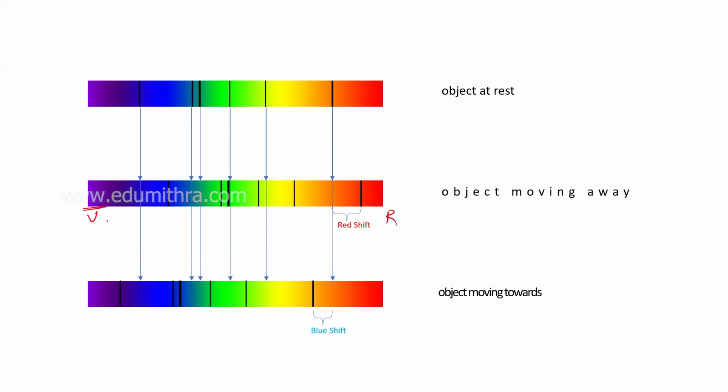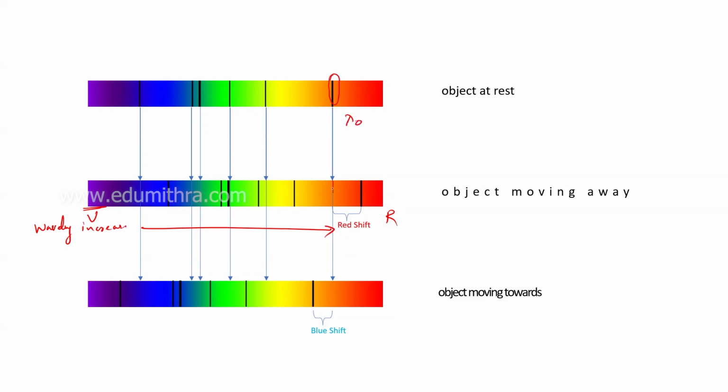The violet has the lowest wavelength, so here the wavelength increases in this direction. That means the red has the highest wavelength and the violet has the least. Now this is the rest wavelength, which we call lambda 0.